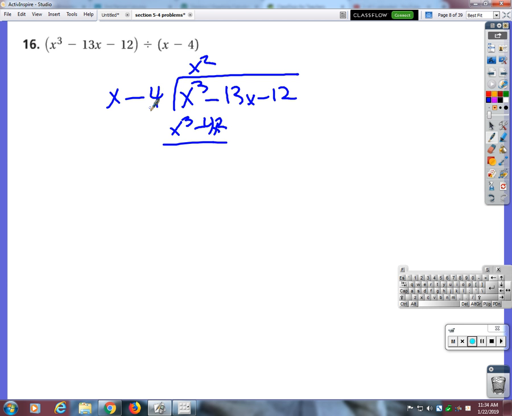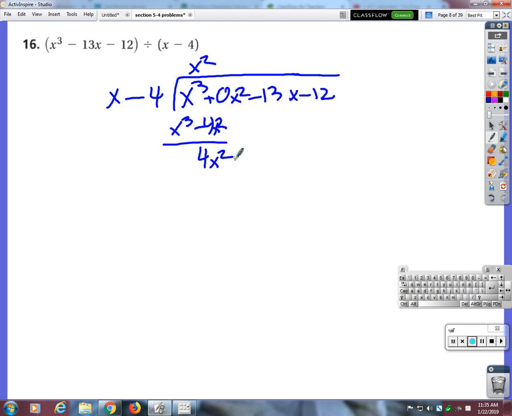You have to pretend that there is a 0x squared right there, and then minus 13x and minus 12, okay? So it would be 4x squared, because 0x squared minus negative 4x squared, minus a negative is really a positive.